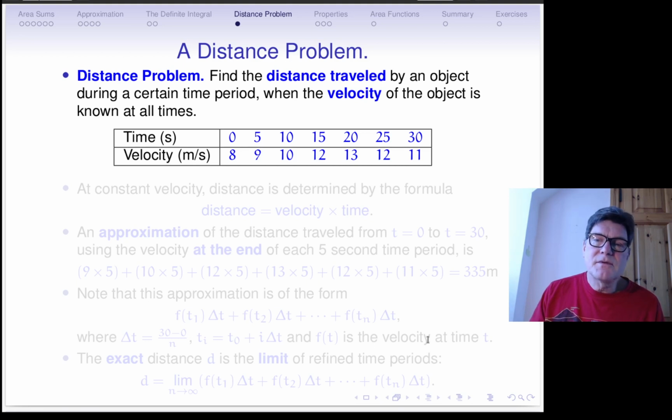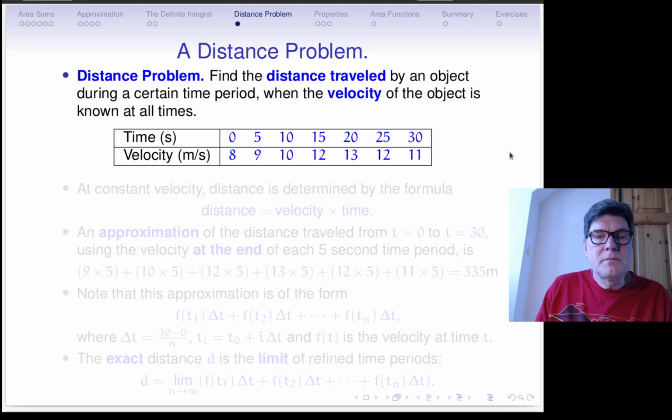This is to be an illustration of the fact that the notion of integral is much more widely applicable than just to area problems. But of course it's good to have the area problem as a motivation, as an illustration of the definite integral. So let's look at the distance problem.